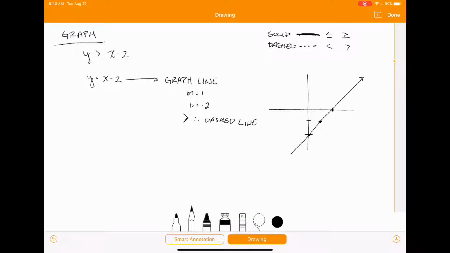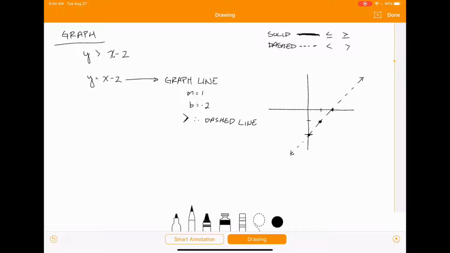So that's our line, but you remember we've got to make it dashed. So come in and make that line dashed like that. All right.